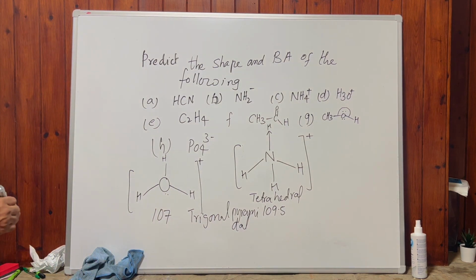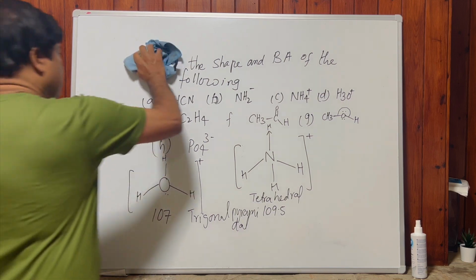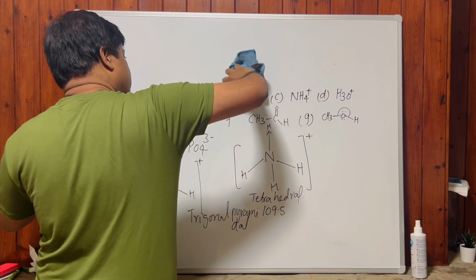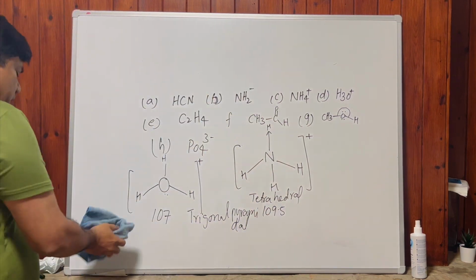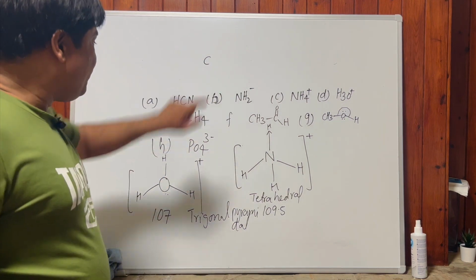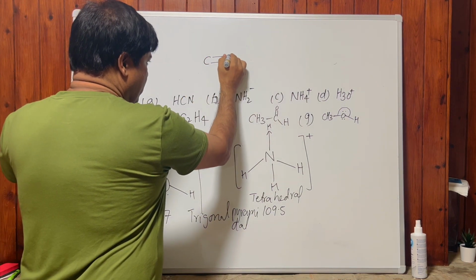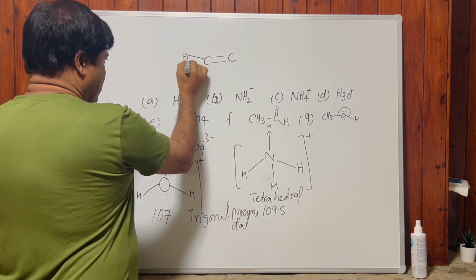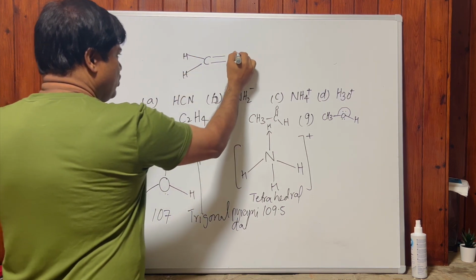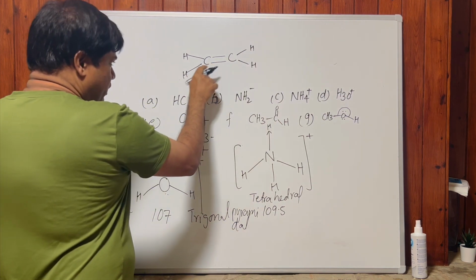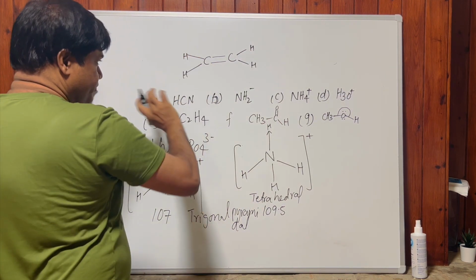Now the ethene molecule. Shape and bond angle of ethene. Ethene has one carbon-carbon double bond. Look, it's a flat, planar molecule. Each carbon has three bonded pairs of electrons.